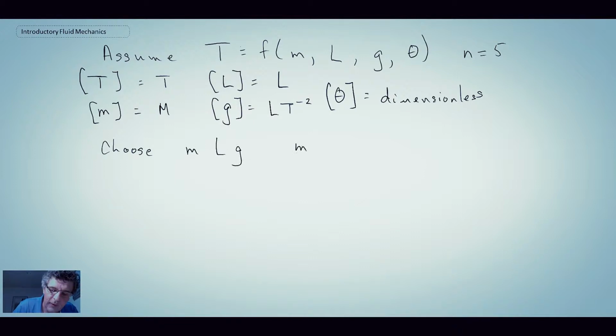According to our analysis technique, we have m equal to r, which is equal to 3. With that, we can expect to have n minus r equal to 2. We should have 2 pi groups coming out of this analysis. So let's begin with pi 1.